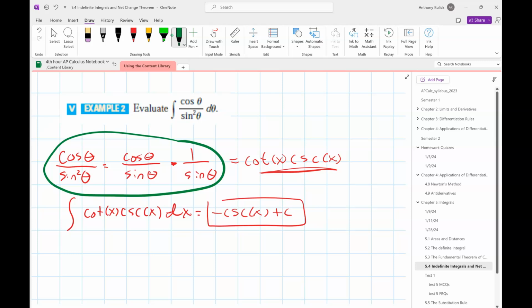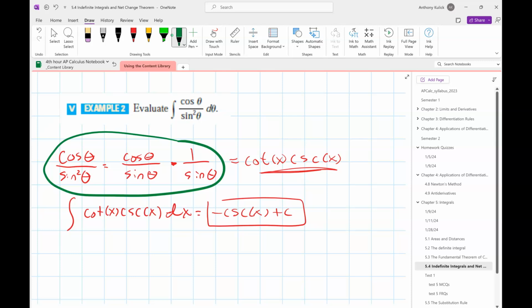Your biggest indicator is if you have multiplication or division going on, right? If you have two functions that are being multiplied or divided, there's probably going to be some algebra that you need to do to massage that into a form you can do an antiderivative with.